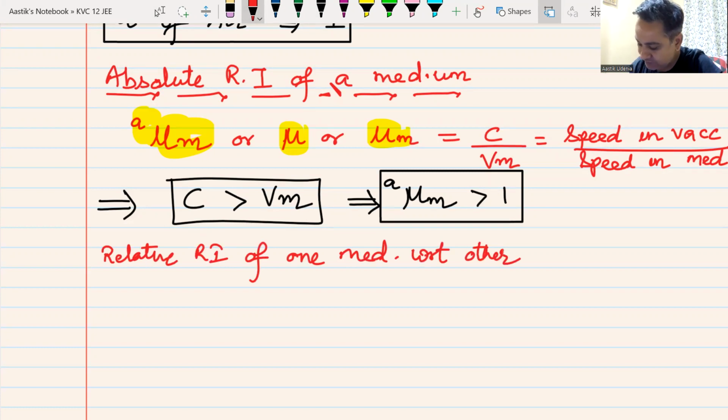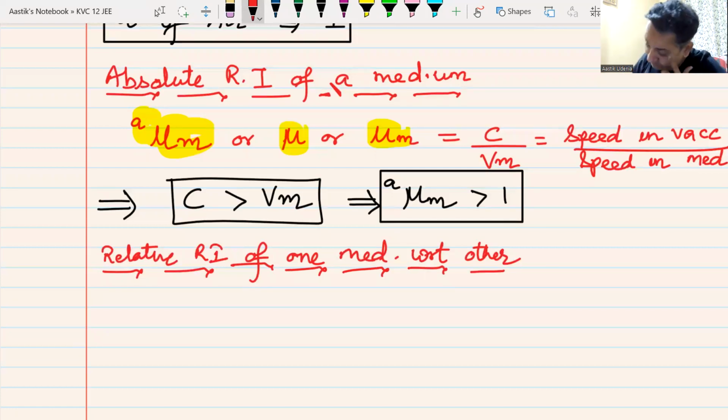We might encounter this term many times. Relative refractive index of one medium with respect to other. How do I write it? I write it like this: mu of 2 with respect to 1.